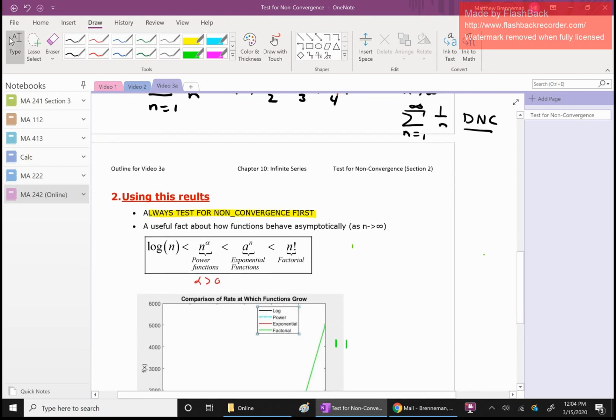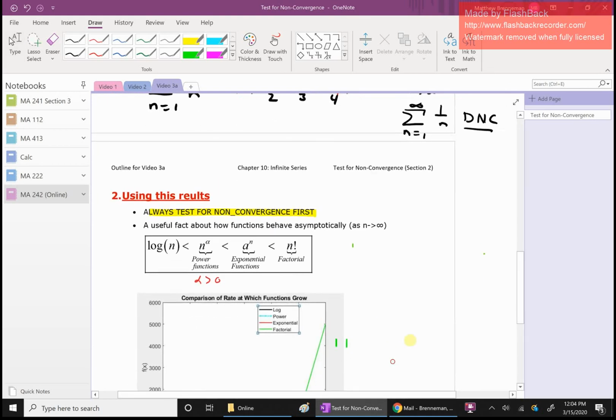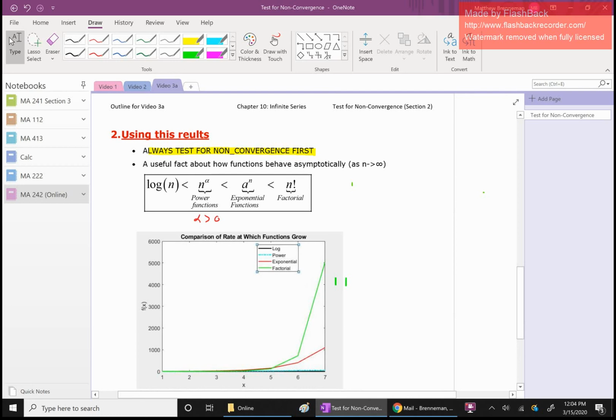Now, in order to apply this rule, it's useful to know how various functions behave asymptotically. In other words, what they behave like in the limit as n goes to infinity. And this is a general statement about the growth of the important functions that we're going to use.